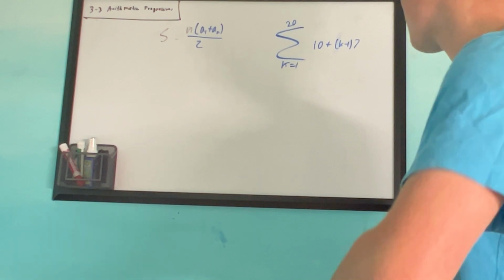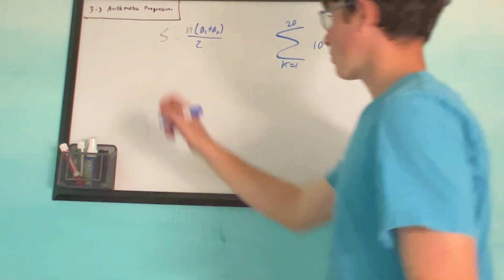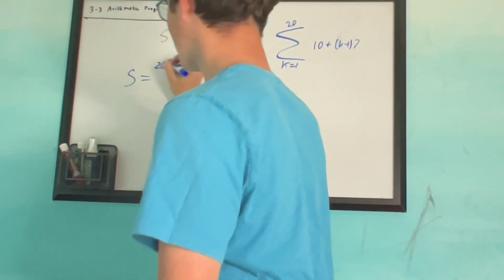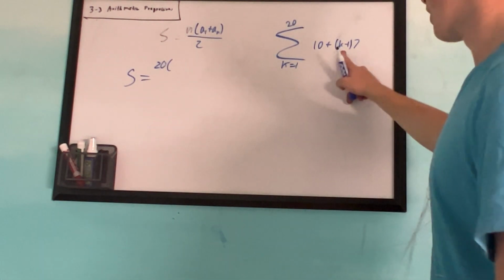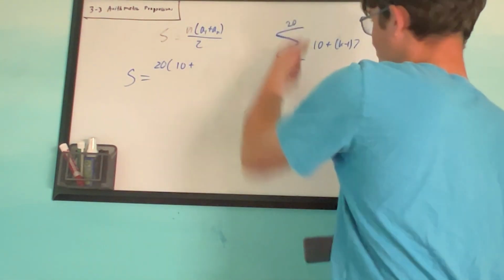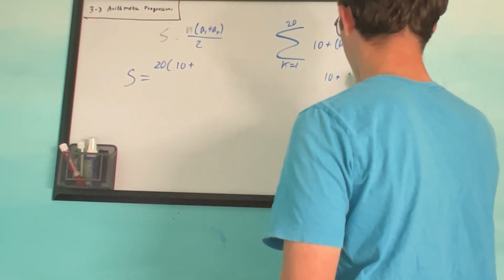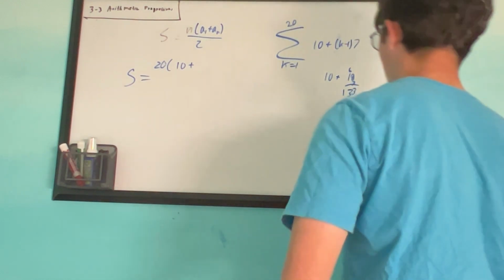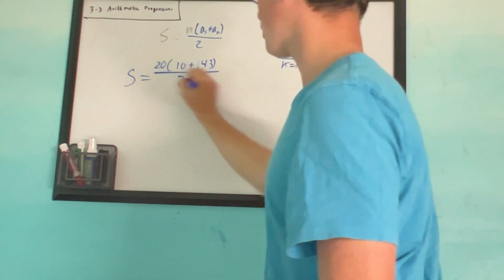So that means our first term is going to be 10, and our last term is going to be some other number. First off, S equals n, and how many terms are there? 1 to 20, so we have 20 terms. Then we figure out what a sub 1 is: k equals 1, this is 0, so it's just 10. Plus, plug 20 in for k because it's our last one, so 10 plus 19 times 7, that's 133, so this plus 143, all over 2.